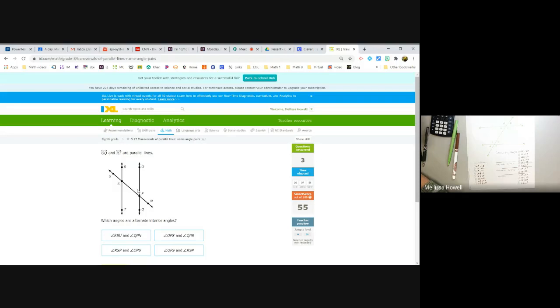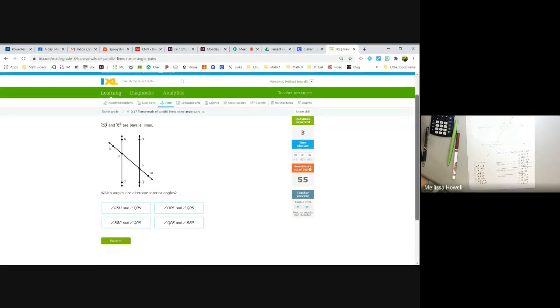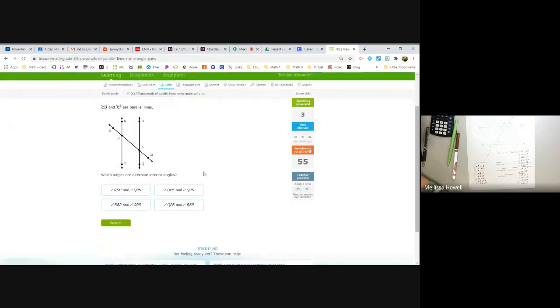OPS and RSP. Alternate interior. Hopefully I have them. Okay. Here we go. We're already having a problem here. RSU and QPN. Those are alternate exterior angles, but this says alternate interior.